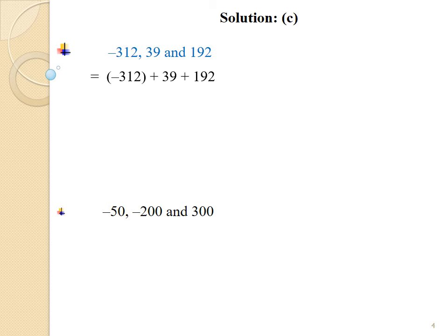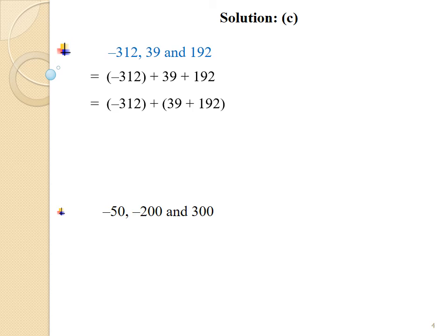So now, let us solve sum C by regrouping the positive integers and keeping the negative integer as it is. Keeping minus 312 as it is and regrouping 39 and 192, we get minus 312 plus 39 plus 192.